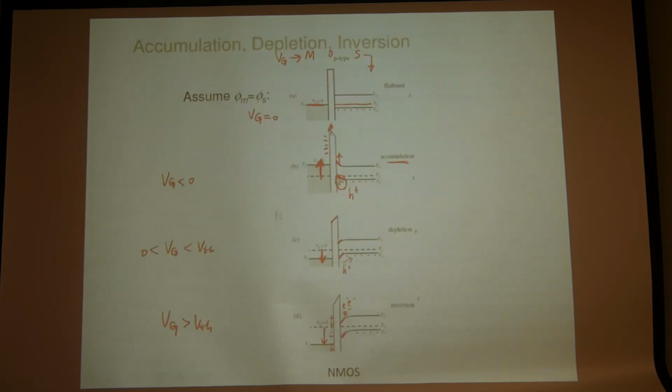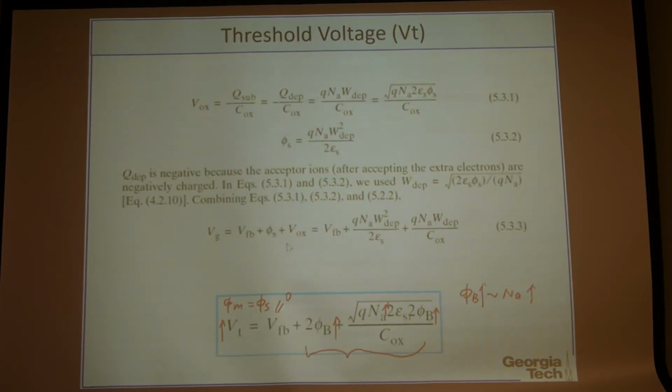Or in other words, if we assume initially, without any voltage, the Fermi level of the metal is the same as the Fermi level of the silicon, then we assume VFB equals zero. If this initial condition is not satisfied and VFB does not equal zero, then this difference between the Fermi levels of the metal and the silicon will show up in the final threshold voltage. But in this class we assume that VFB equals zero.